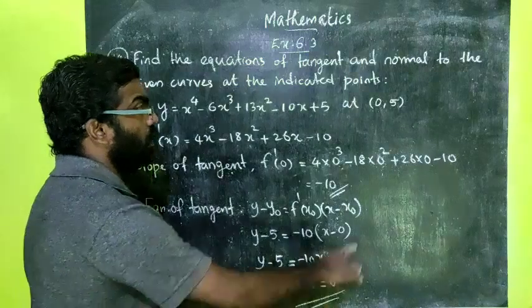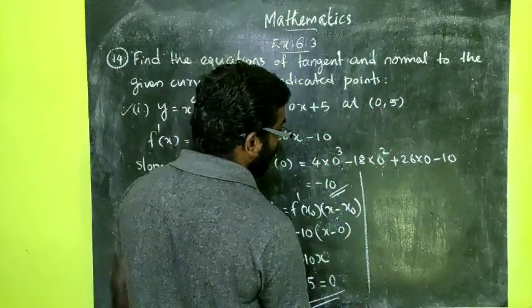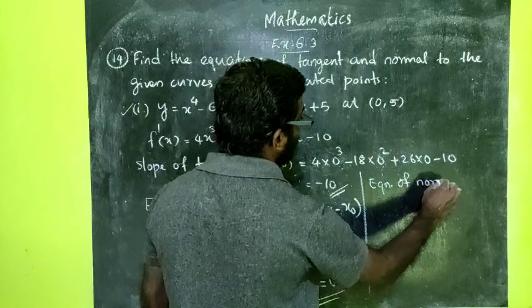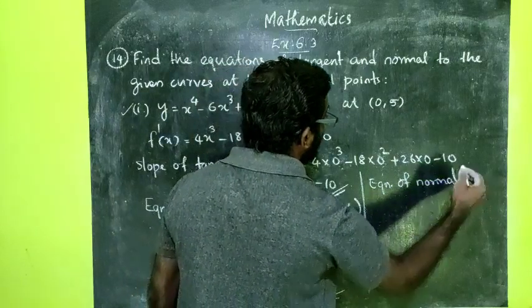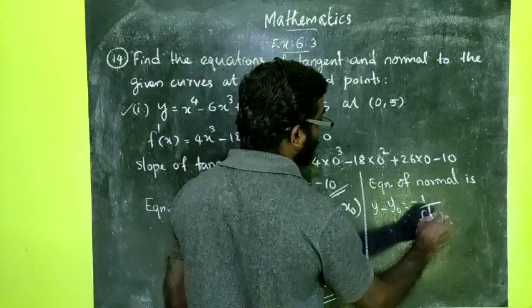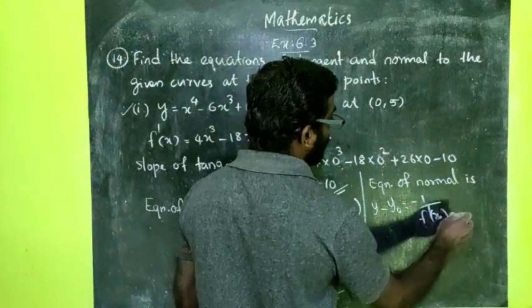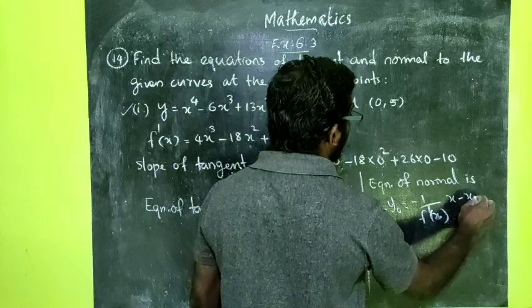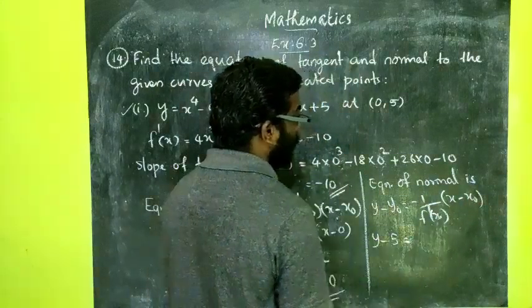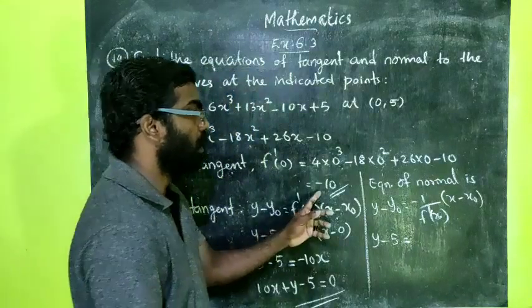Okay. Now the second one is equation of normal, and equation of normal is y minus y0 is equal to minus 1 by f dash of x0 into x minus x0. Okay. Here y minus 5 is equal to minus 1 by f dash of x0. Here it is minus 10.